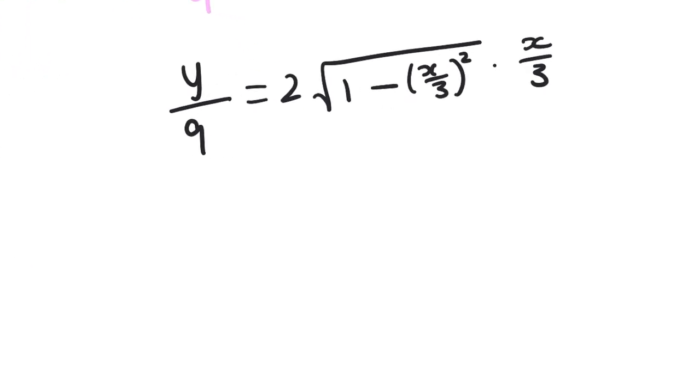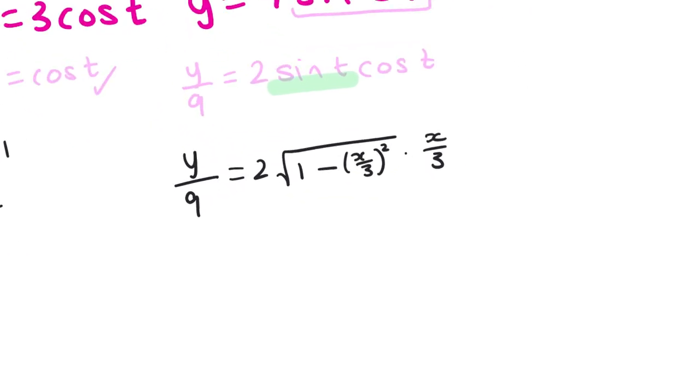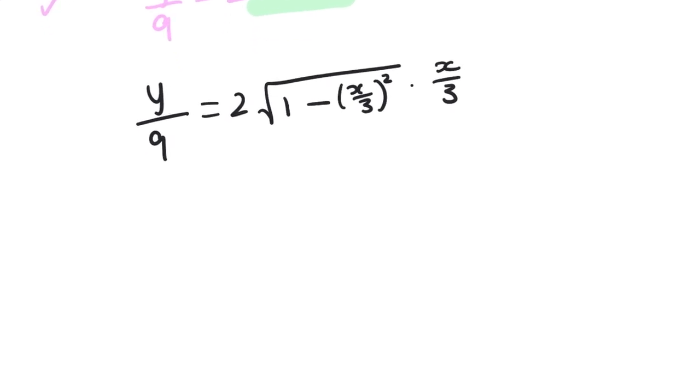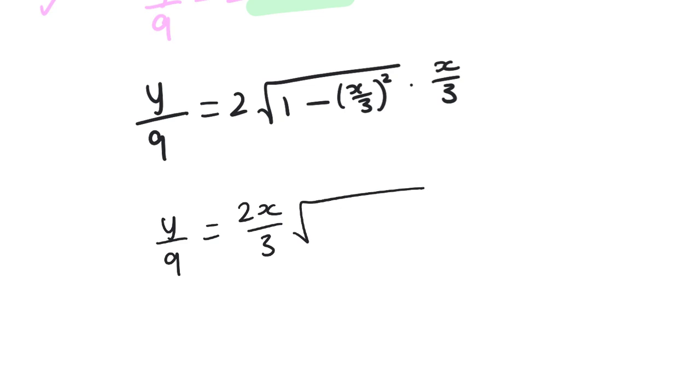So from here, let's just multiply everything out for a second so we know where we are. So, y over 9 equals 2x over 3 root 1 minus x squared over 9. Okay, this is where we are. Now, let's multiply both sides by 9.